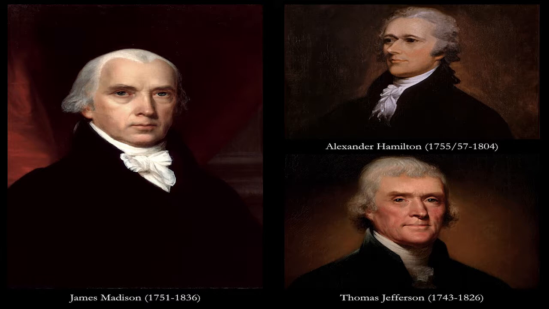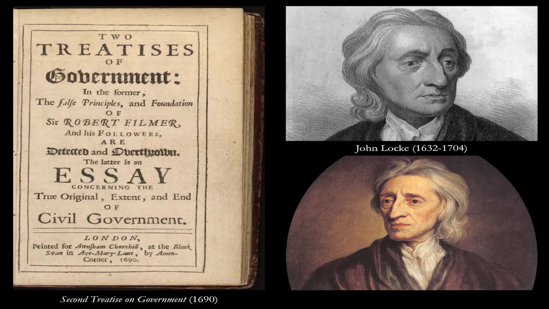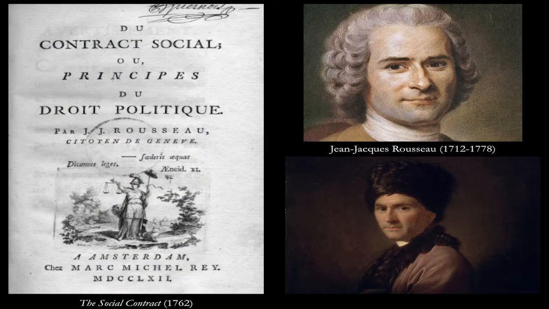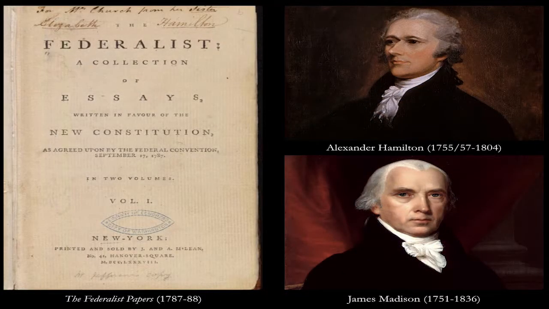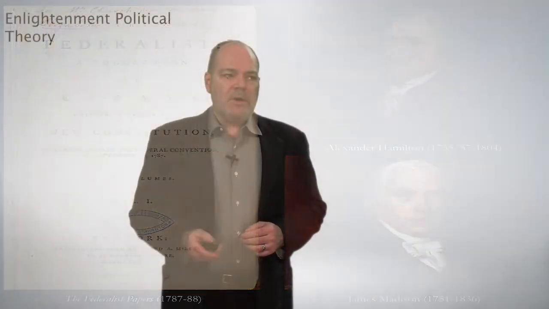The key texts that we're going to look at today will be John Locke's Second Treatise on Government, published about 1690; Jean-Jacques Rousseau's The Social Contract, published about 80 years later in 1762; and then the Federalist Papers, written by James Madison, Alexander Hamilton, and John Jay, 1787, 1788. So these will be our key texts for today.